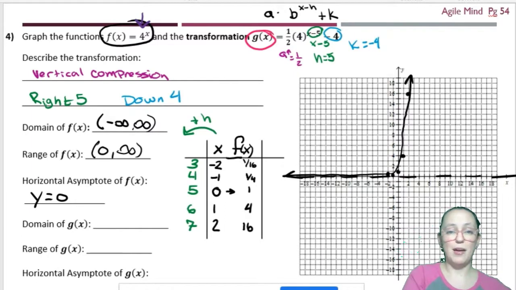To do my y's, to get to my g of x, we're going to take our y values times a plus k. So we're going to go times that 1/2 plus negative 4. So 1/16 times 1/2. So it's getting even smaller. It's going to go to 1/32 minus 4.